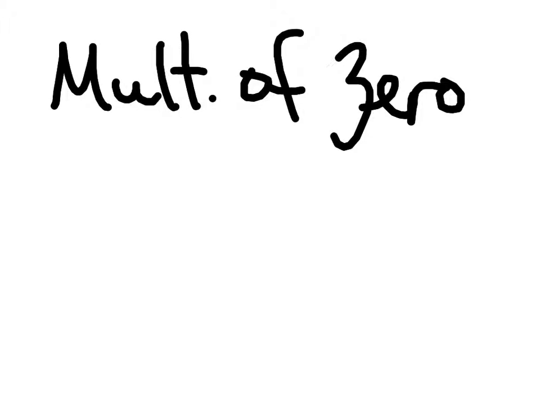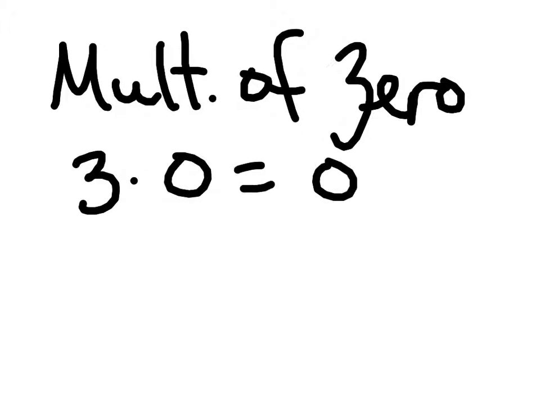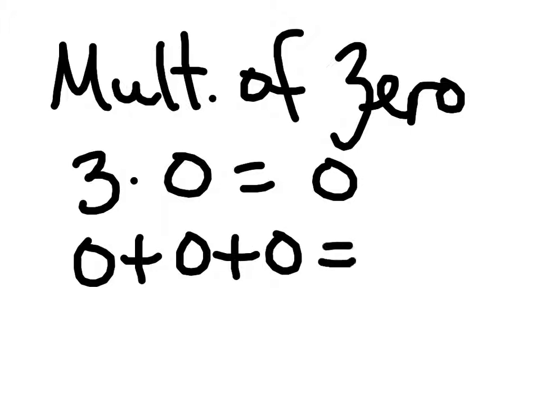And then finally, the multiplicative property of 0 says that any number times 0 is 0. So if I have 3 times 0, I'm going to get 0. In other words, if I have 3 zeros, that's 0 plus 0 plus 0, that's 0. Multiple zeros is always 0.